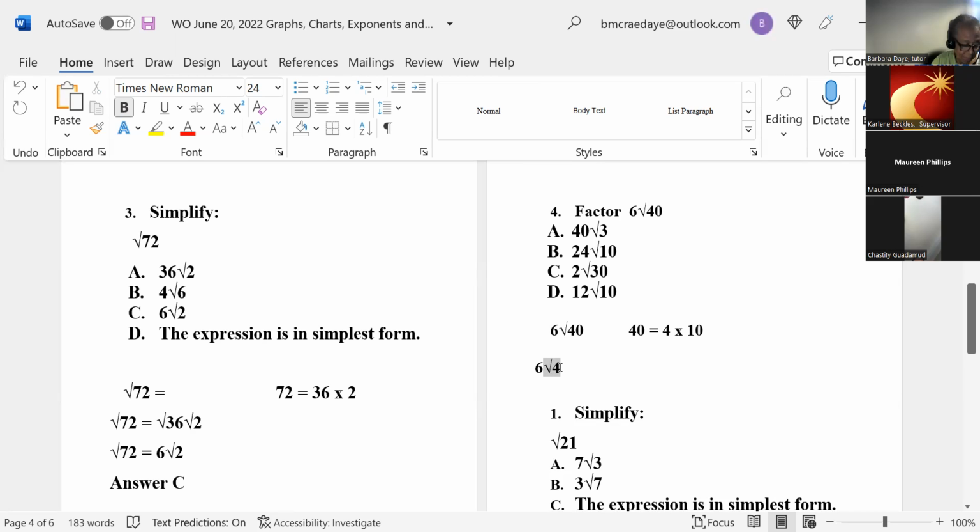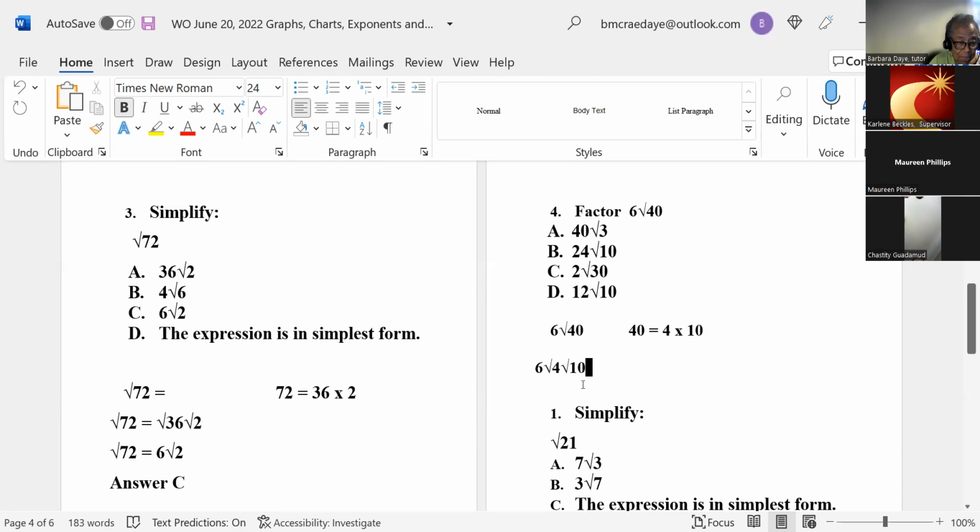So let's just take this, copy it. Okay, and this would be 10. So what we did, we took the 6 stays just where it is. That's the coefficient. We broke 40 up into 2 radicals, square root of 4 times square root of 10, because 40 factors into 4 times 10.